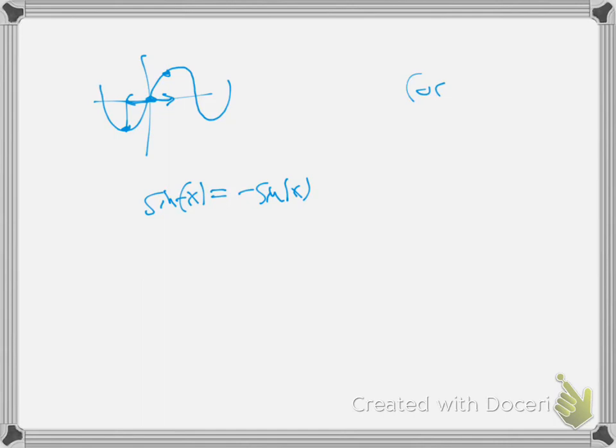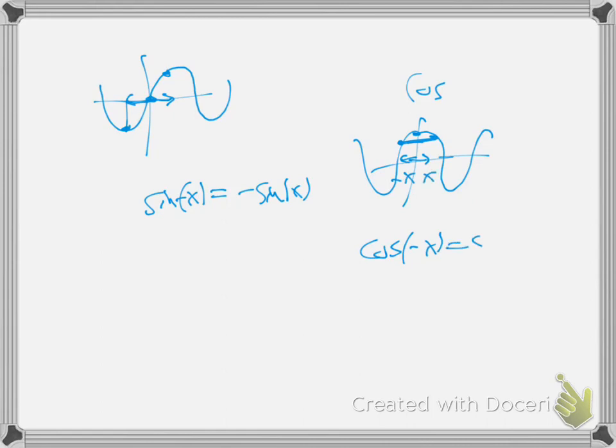Whereas cosine starts high, goes like that, so other side, same thing. If you go any distance to the right and that same distance to the left, it's the same height. So cosine of negative x is the same as cosine of positive x. It's the same height. Whereas if you go right and left with sine, it's the same height, but it's negative. It's down there instead of up there. So sine is odd and cosine is even. That's the deeper reasoning.